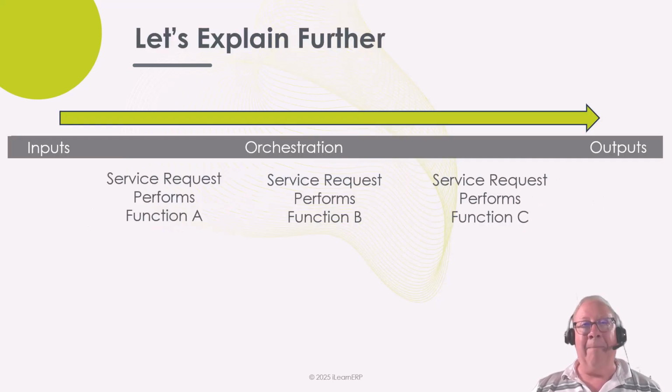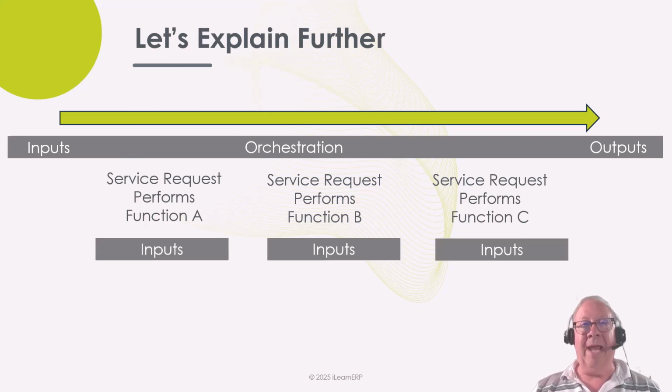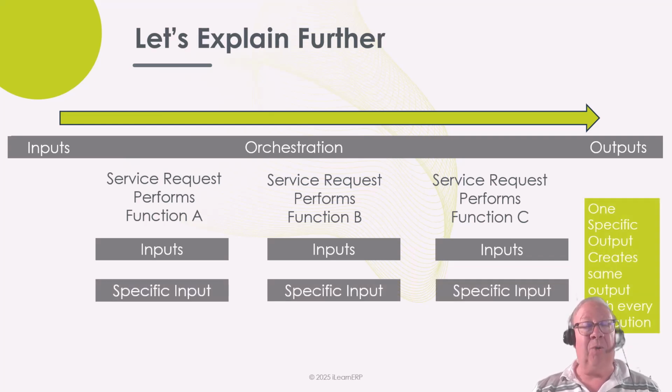This shows us a mock-up of an orchestration. Each service request performs certain functions. When we have created this orchestration and all the individual components, we have the option to add specific values for the inputs into each service request. If we do that on each request, this orchestration will run and produce a unique record, but it will only produce one specific record for every time that it is run.